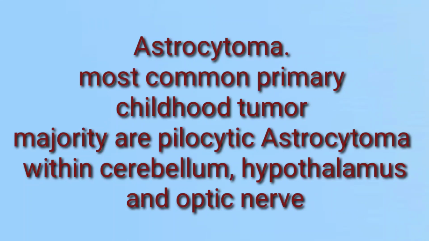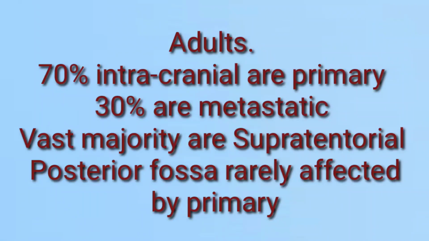Usually you can appreciate this on the MR images quite clearly. Another point worth noting is that in adults 70% of intracranial tumors are primary, and only 30% are metastatic deposits. The vast majority are supratentorial.